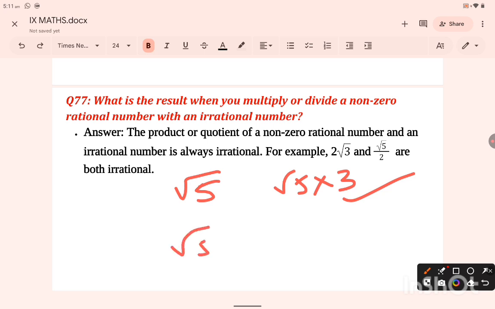Next, root 5 is irrational. Now divide by 3, that gives root 5 by 3. That is also irrational. So when we multiply an irrational number with a rational number or divide by a rational number, the result is always irrational.